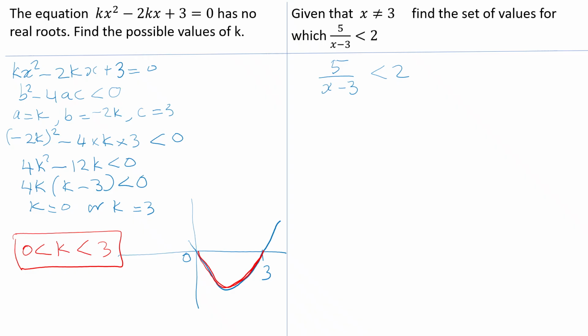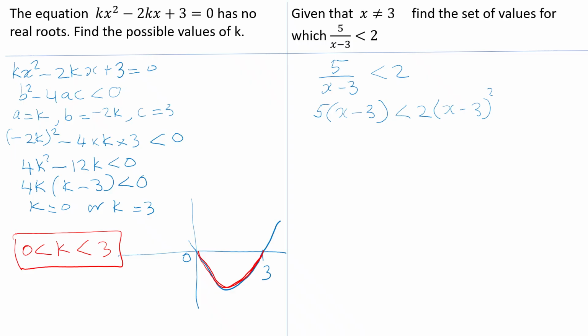If you multiply by a square, the sign is not changed. It's always positive. So we don't need to worry about the inequality sign. So 5 times x minus 3 less than 2 times x minus 3 squared.